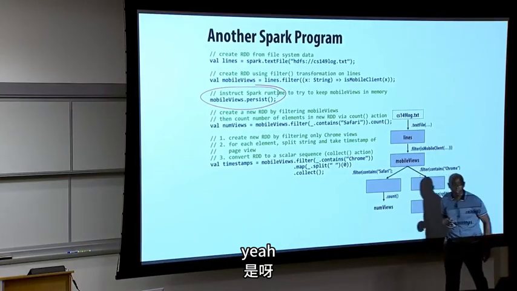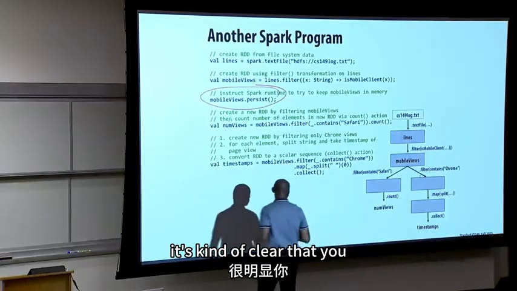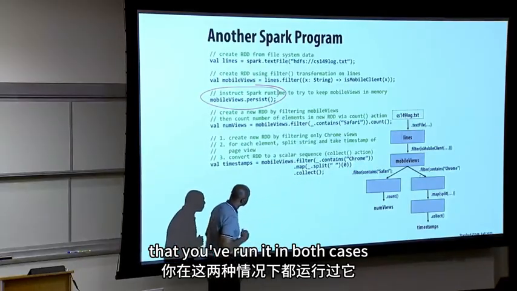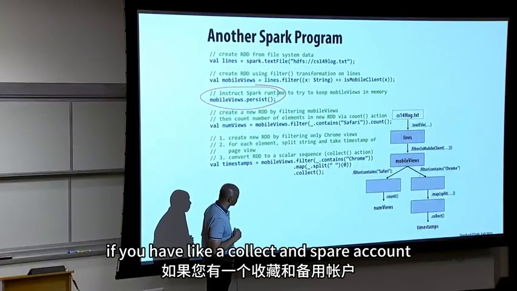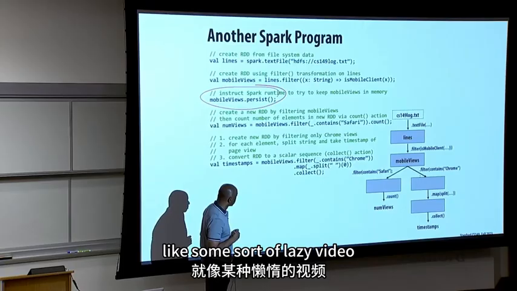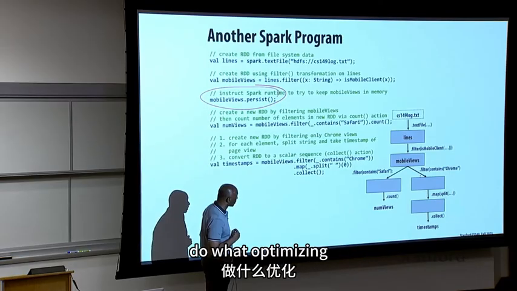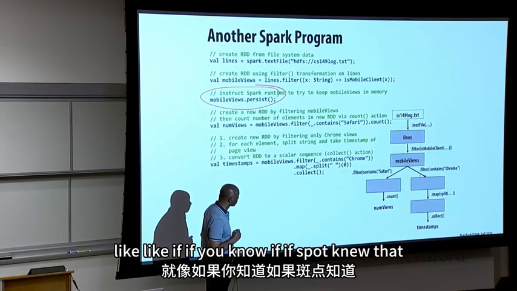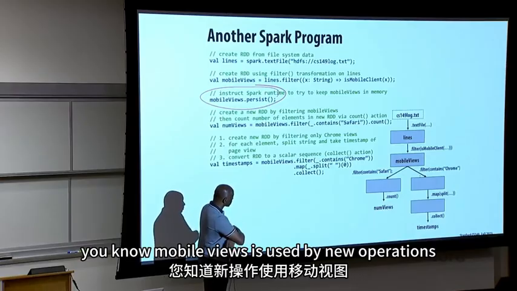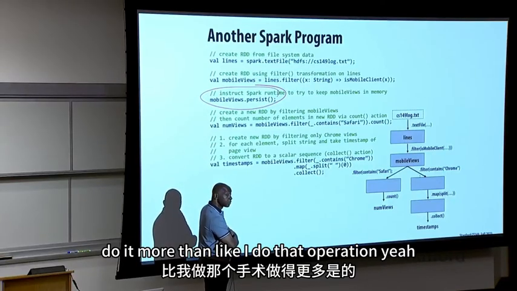Yeah? One more question is, when you're hitting the collect, it's clear that you've run it in both cases. If you make the numbers and timestamps some sort of lazy variable, would Spark not do the optimization for you? Do what optimization? If Spark knew that mobile views is used by two operations, could it not just leave it in memory, do both, and do that optimization?